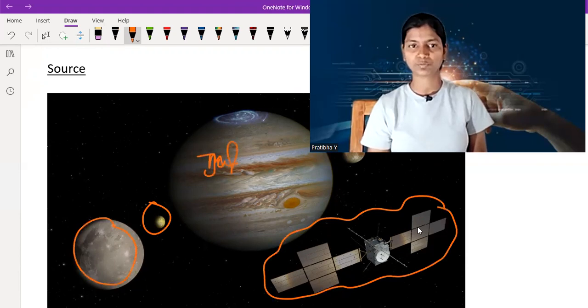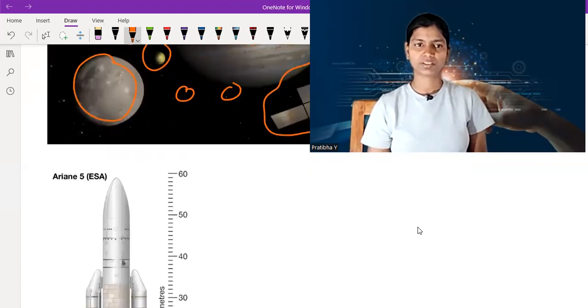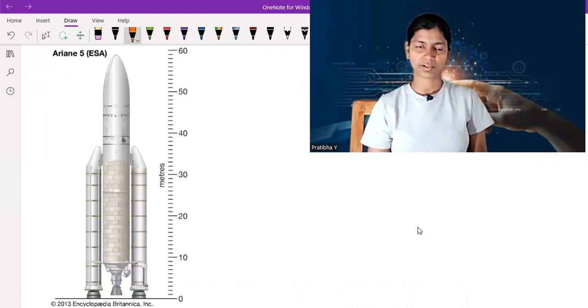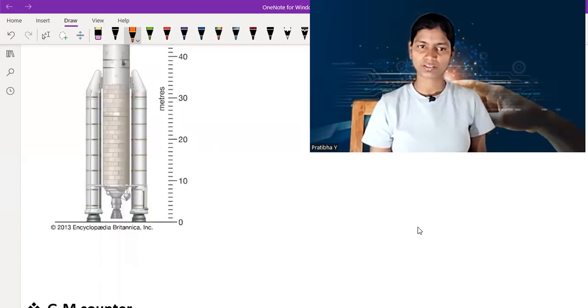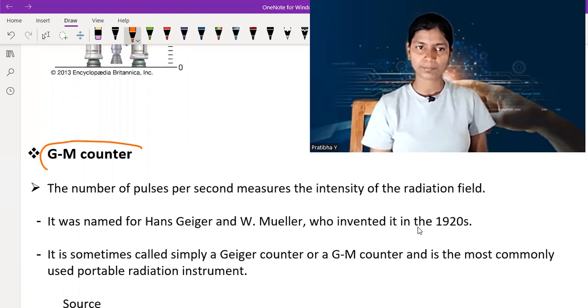There are many moons revolving around Jupiter, and JUICE tries to understand and explore them. And this one is an Ariane 5 rocket, which JUICE uses to launch its program.